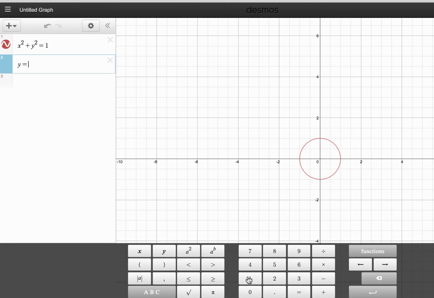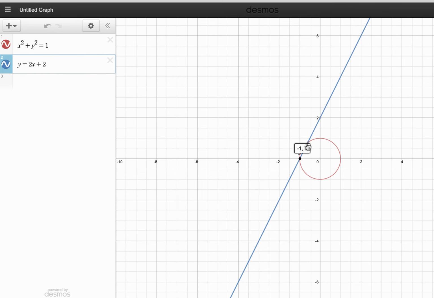Y equals 2x plus 2. And if I take my points here and do my intersection, there they are. There were 2 points where it intersected. Our rough-handed graph showed us 1, but again, Desmos, so much better than your graphing calculator.